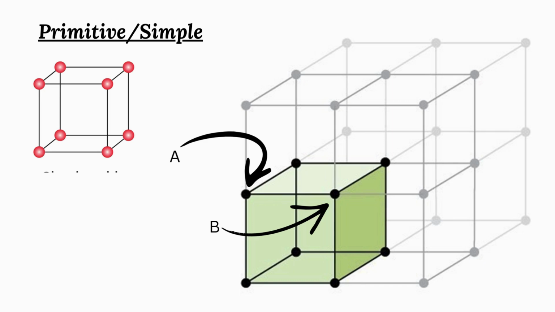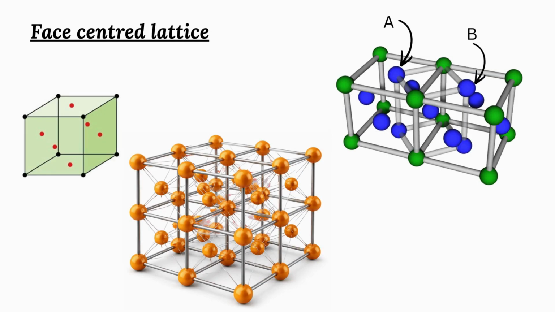So that must be present for any kind of translation. Similarly, we can also see in the face centered lattice, here also we are given reference locations A to B. Even if it is shifted, when you translate to that location, the face centered lattice setup remains the same. So this is one character that must be present to qualify as a lattice.